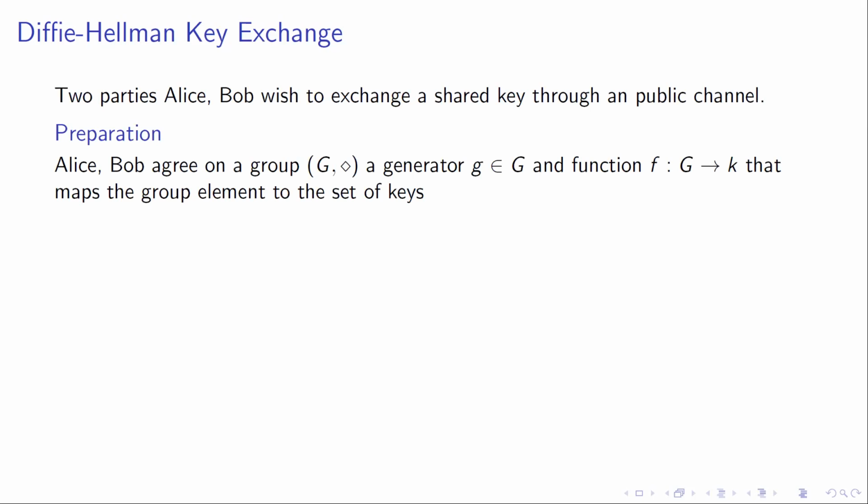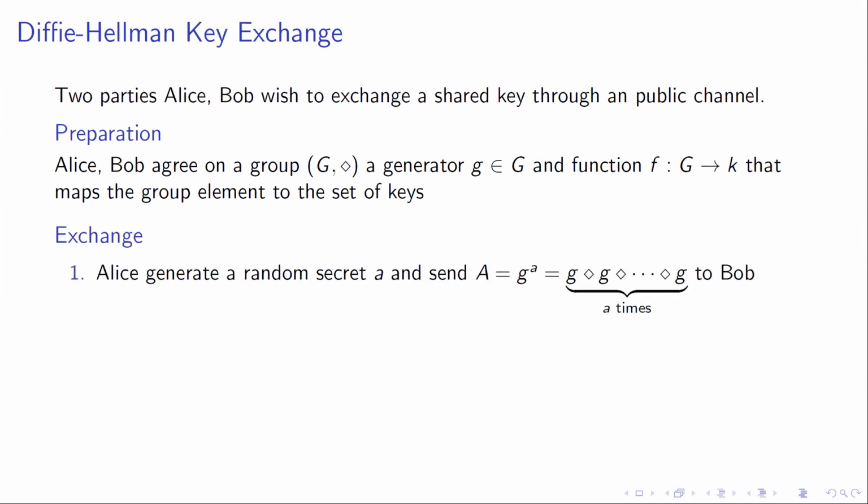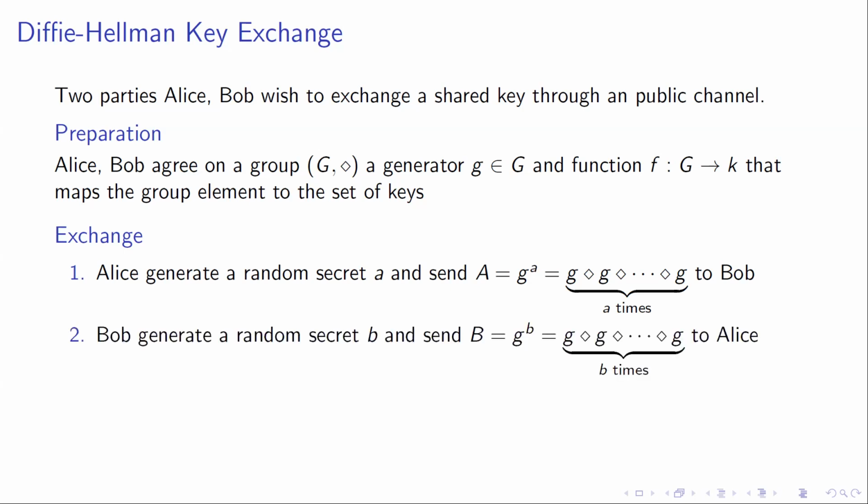First, Alice and Bob agree on a group G and a generator g, which is a member of group G, and a function F that maps the group element to the set of keys. Alice generates a random secret a and sends A, which equals g to the power of a, to Bob. Then Bob generates a random secret b and sends B, which is g to the power of b, to Alice.